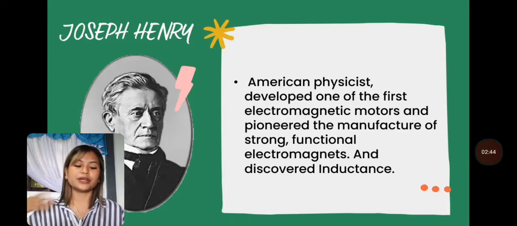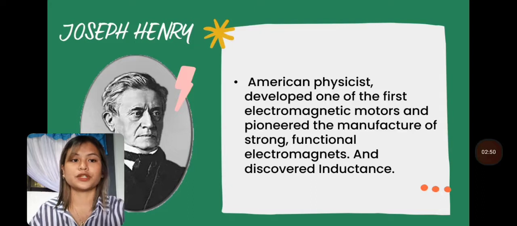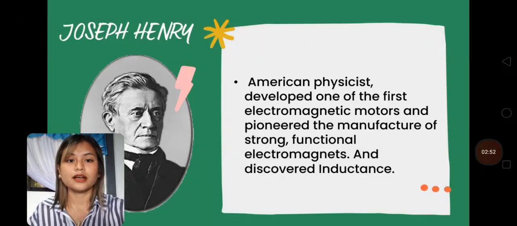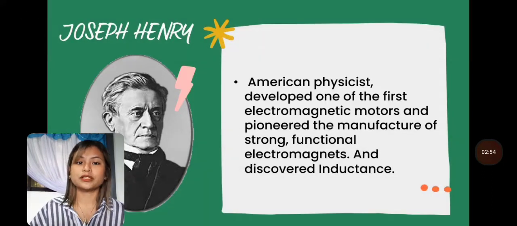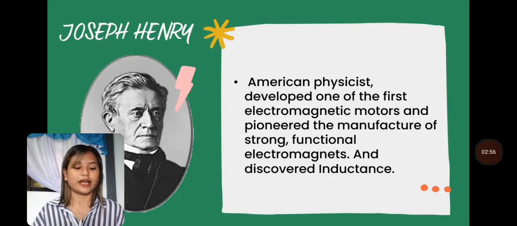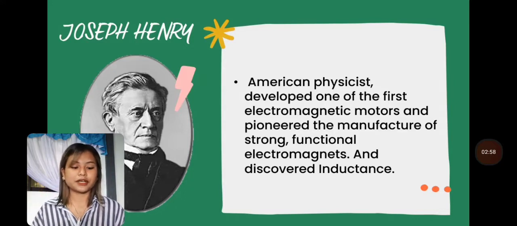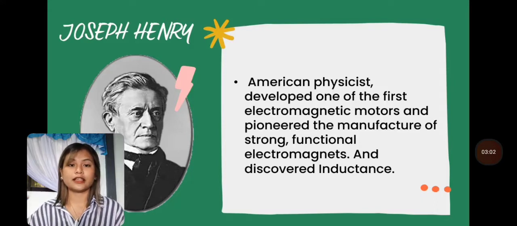So, during his experiments with electromagnetism, Henry discovered the property of inductance, which are the self-inductance and mutual inductance to be discussed later, and which was first recognized at about the same time in England by Michael Faraday in the previous lesson, who was the first to publish on the subject.